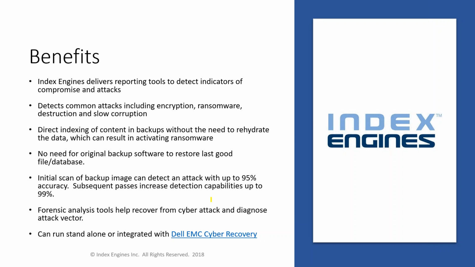And as CyberSense looks at additional observations of the data, it gets smarter and smarter. Each observation and subsequent pass, as it compares data to previous observations, CyberSense gets up to 99% accuracy in detecting corruption. Additionally, the forensic tools allow you to recover, minimize business interruption, and diagnose the attack vector.